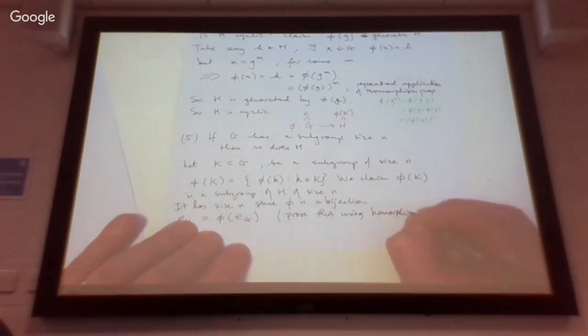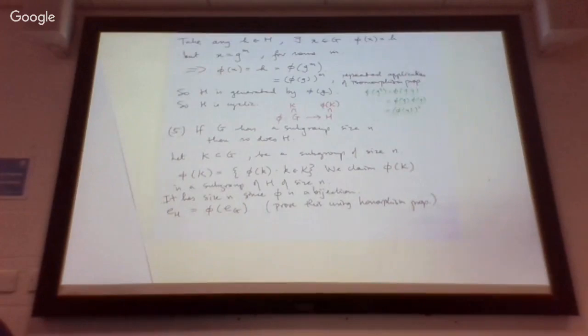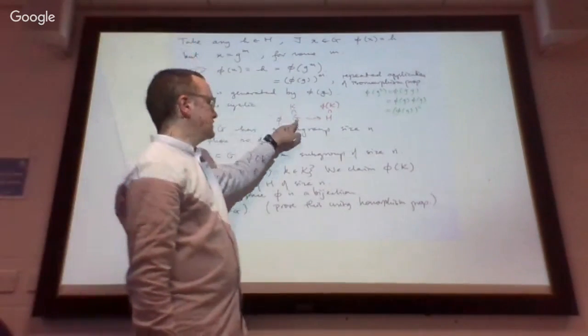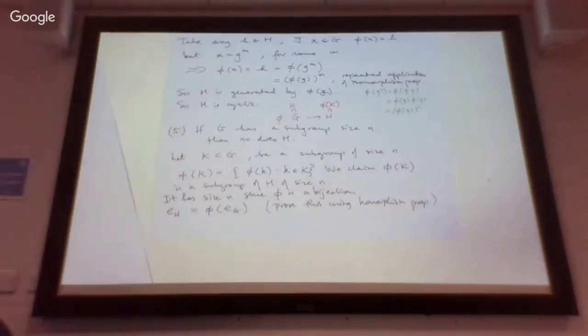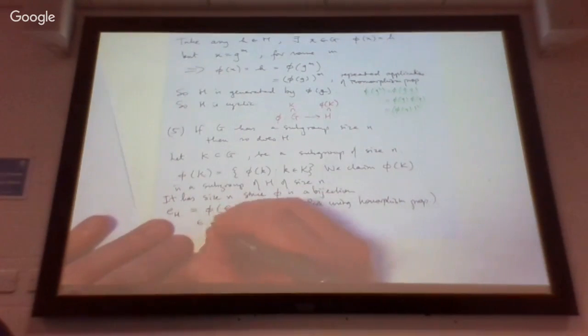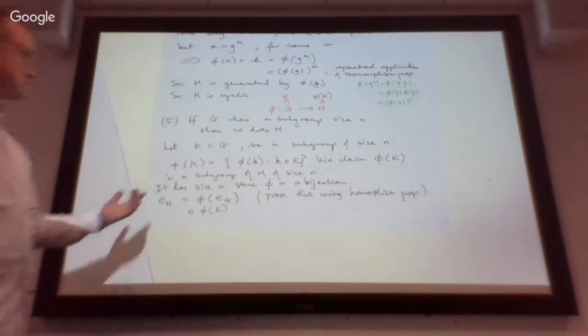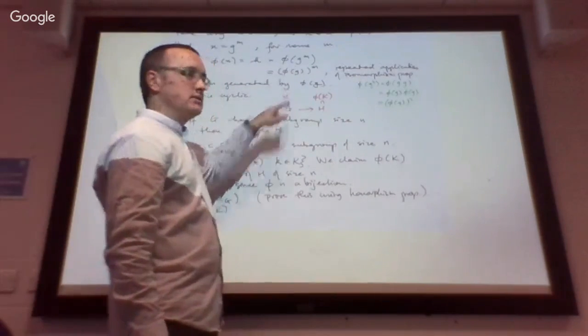It's true for homomorphisms as well. A group isomorphism has to send the identity in the domain group to the identity in the codomain group. So this is certainly an element of phi of K, because the identity of G has to be in K.